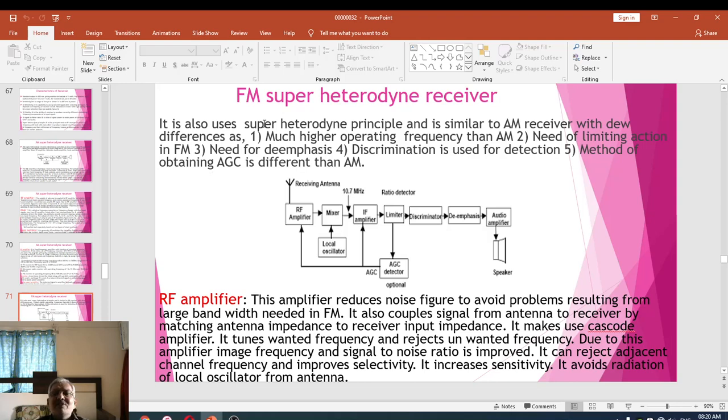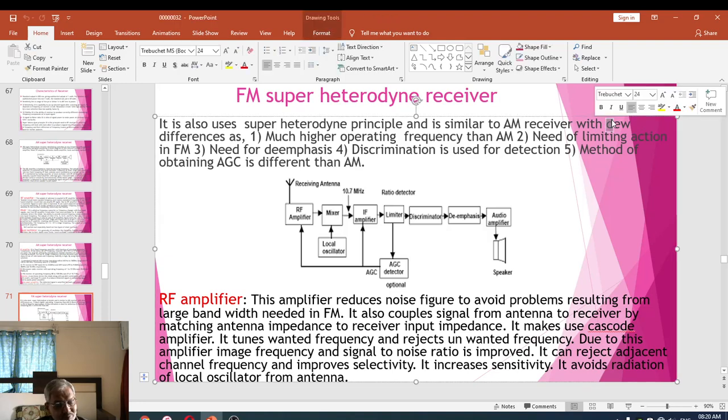It also uses the super heterodyne principle, and it is similar to the AM receiver with a few differences. The first one is a much higher operating frequency than AM.